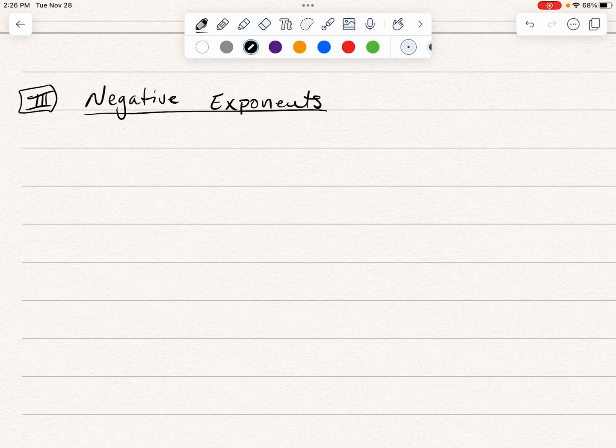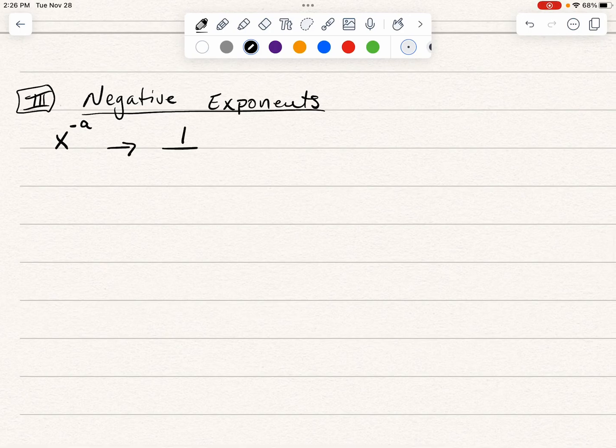Okay, and in order to do this, I'm going to show you guys a pattern and kind of where this rule comes from. So the rule for negative exponents says that if you have x raised to the negative a power, then that is 1 over x to the positive a.